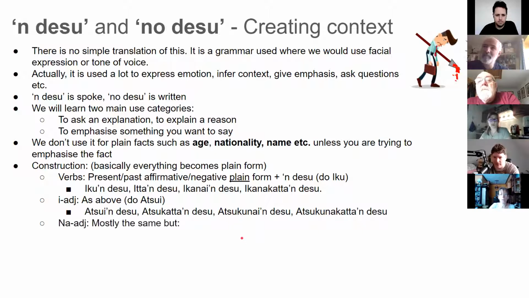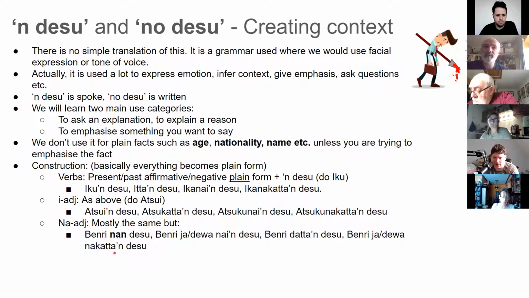Na adjectives are mostly the same, except for the present affirmative. So let's use Benri, for example. For na adjectives, we say Benri nandes, only for the present affirmative. After this, we just use the plain form. So, for example, Benri janai or Benri dewanai becomes Benri janaindes or Benri dewanaindes.